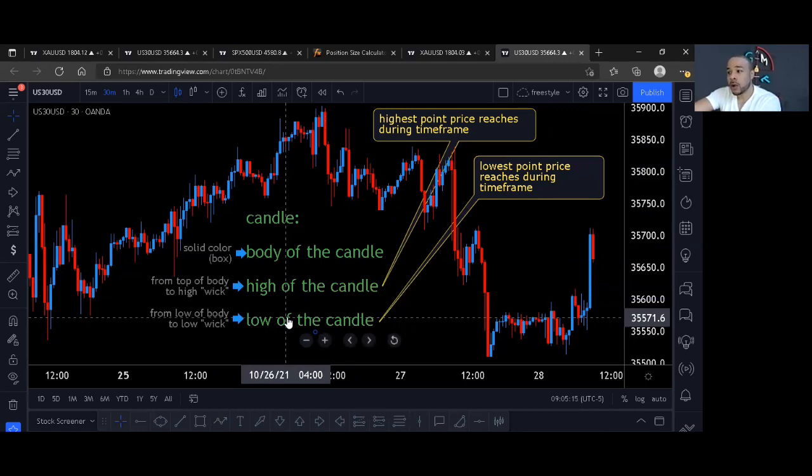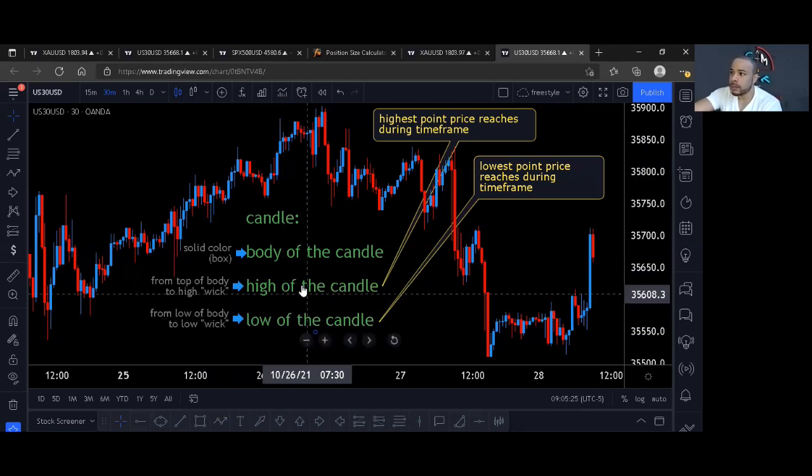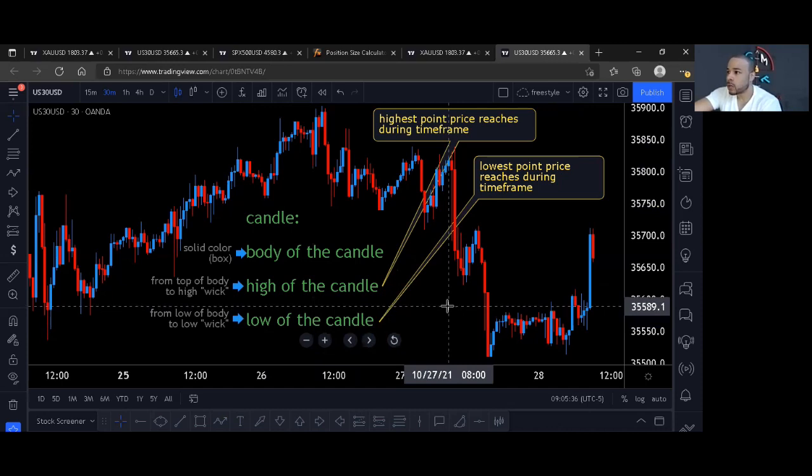From the lowest point and the low of the body will create your downside wick, your bottom wick. If we look at a candle and what we're talking about with the body and the high and the low for the wicks, that's going to get us into how price is moving. Once we can decide how price is moving, we could trade.